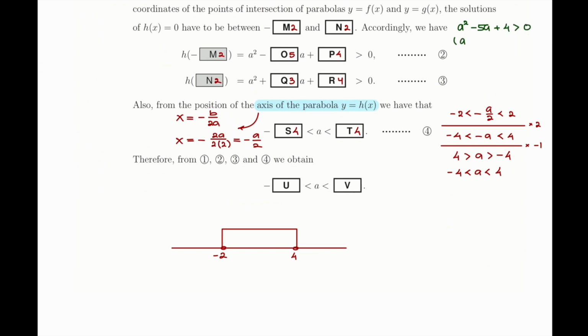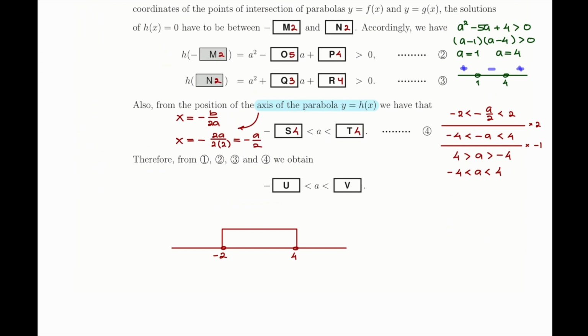We can factorize it. a minus 1, a minus 4 greater than 0. And then I got two critical values here, 1 and 4. And then I will draw the number line, 1 and 4. The coefficient of a square is positive, then the sign in the middle region is negative. Negative, positive, positive.